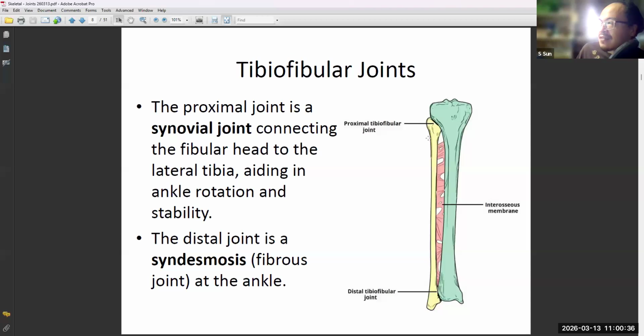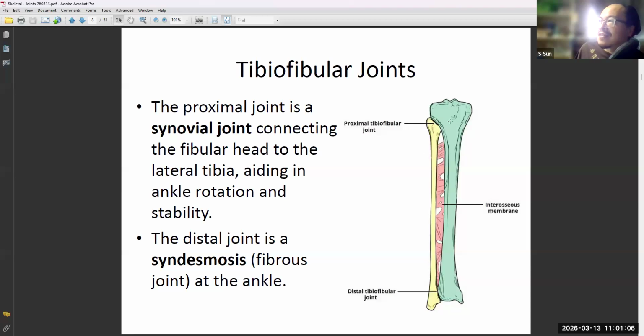This is the fibula. And here you have the membrane, where these two bones connect. So where is it? It's basically in our lower leg, right? Here is the top, here is your knee. Here is your ankle, right?